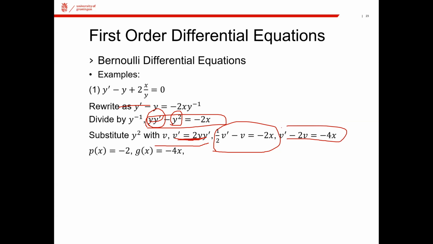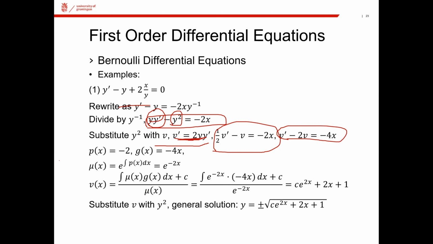From this equation, p(x) is minus 2 and g(x) is minus 4x. And we calculate mu(x) and v(x). Basically, just apply the formulas directly.